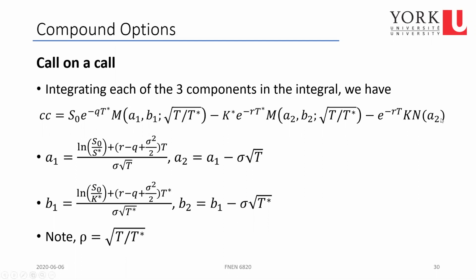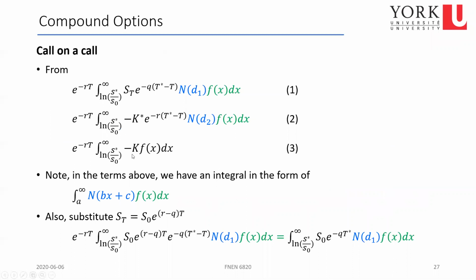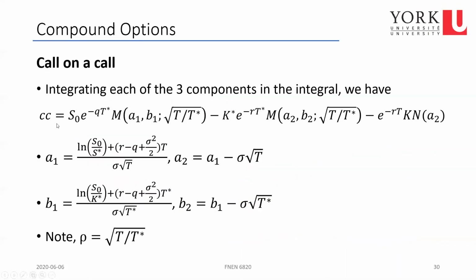And this is a simple one. You see there's an N(A2) here from this integral. Now you basically have got a closed form solution for the call on a call.